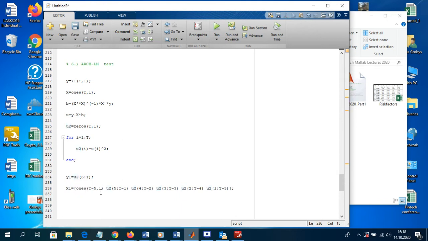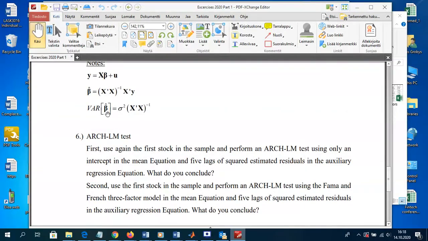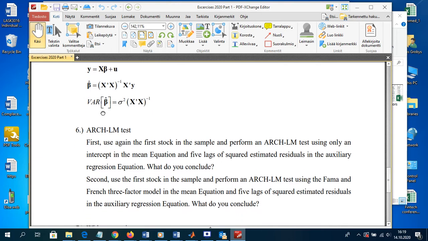This would mean that we do not have volatility clustering going on, because then the lagged squared residuals do not have an impact on the future squared residuals. So under the null hypothesis, we assume that there is no volatility clustering going on, and the residual variance is constant, which would mean that we can use this formula for the covariance matrix for our parameter vectors, right?